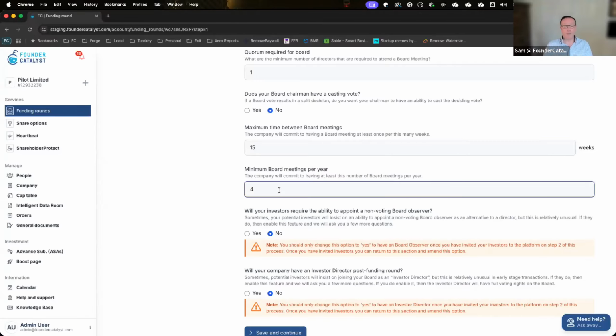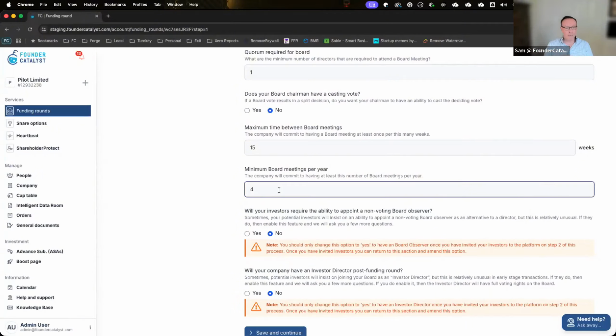The next item is very related as well. This is how many board meetings occur per year. The reason you've got both of these items is, you can imagine a scenario where investors intend that there are, say, 26 board meetings a year, but the founders could say, right, well, we're going to have 1 board meeting every working day over the next 2 months, and we're going to squeeze them into 2 months.